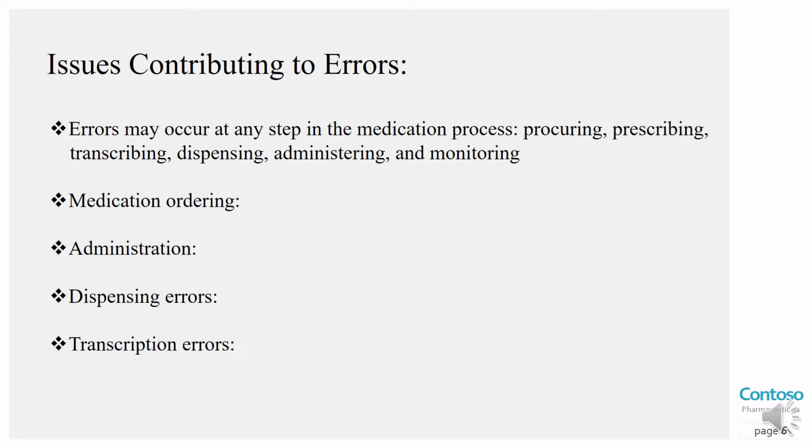Half of all preventable adverse drug events begin with an error at the medication ordering stage. And then administration is the next most common point in the process, followed by dispensing errors and transcription errors. It's very important for nurses to have a good relationship with pharmacists because these two professions work together and can have major impact in preventing medication errors.